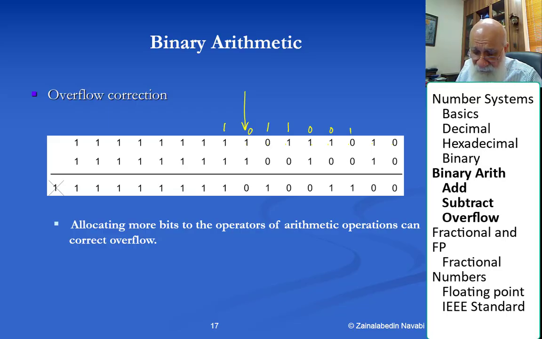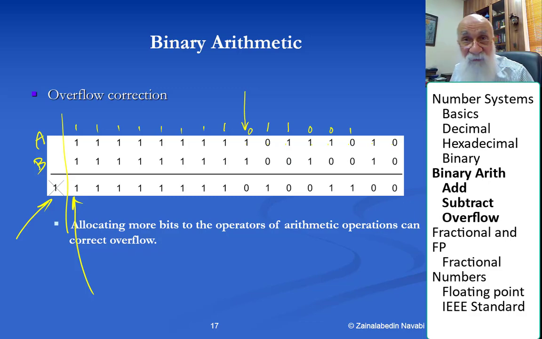From this point on, a 1, a 1, a 1, a 1, a 1, all the way to here, a 1 in here, and then you have the 17th position, which is a 1, which we have learned to ignore, or to drop. And therefore, now you are looking at these two numbers, you are saying, well, there is a 16-bit negative number on top, there is a 16-bit negative number at the bottom, this is A, this is B, and then the result is a 16-bit negative number, so you don't have an overflow anymore, you are good.